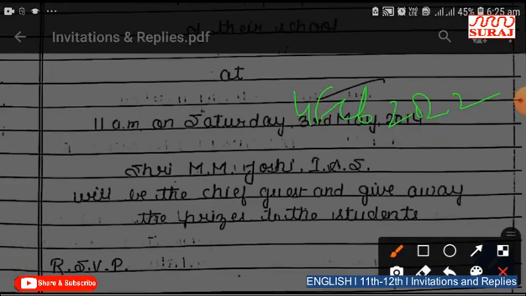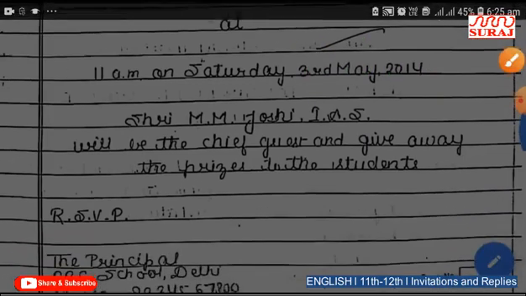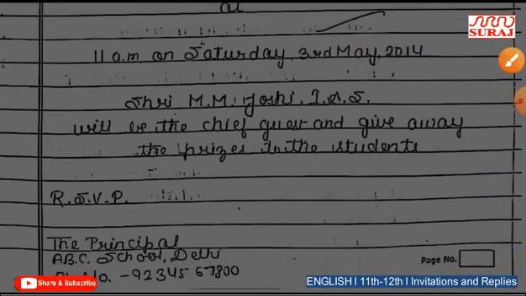If there is no detail given in the question, then you can write details in your own way. You can write any name. If no name is given in the question, he will be the chief guest and give away the prizes to the students. After that, RSVP.